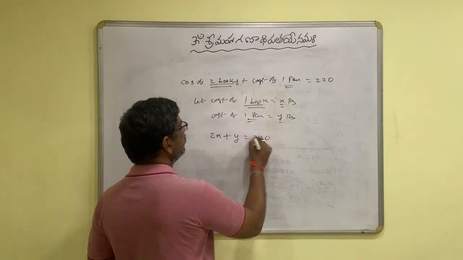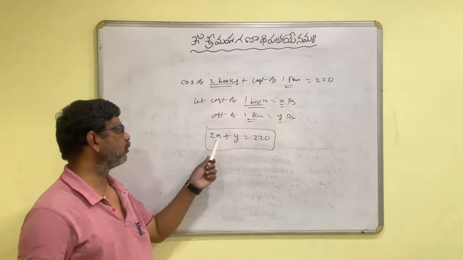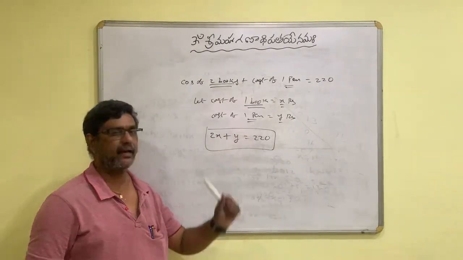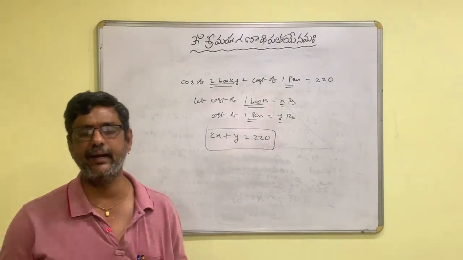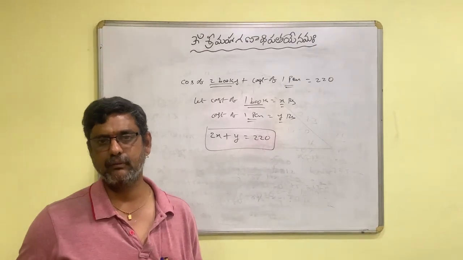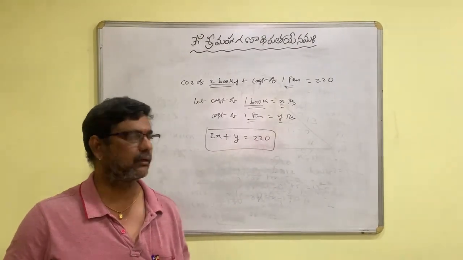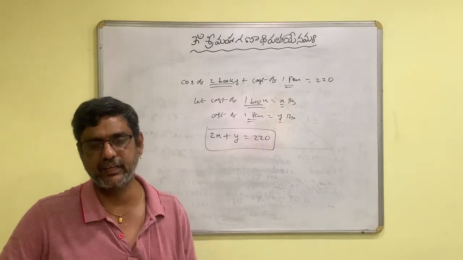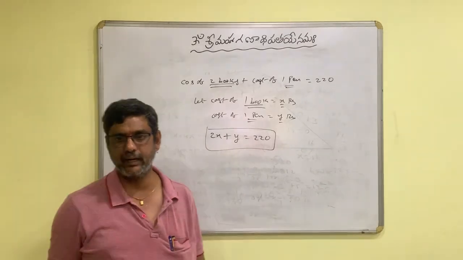So together 220 rupees. The cost of two books and one pen, that is 2x plus y, is equal to 220. So the situation is represented in the form of a mathematical equation here: 2x plus y is equal to 220.